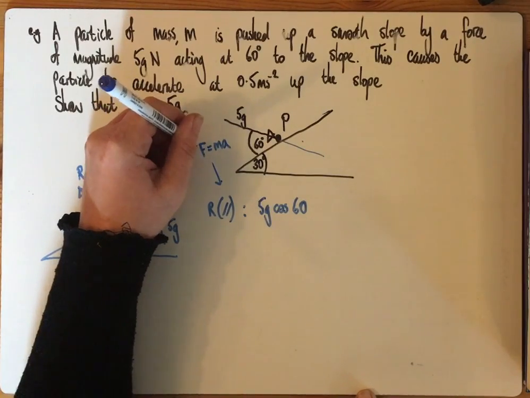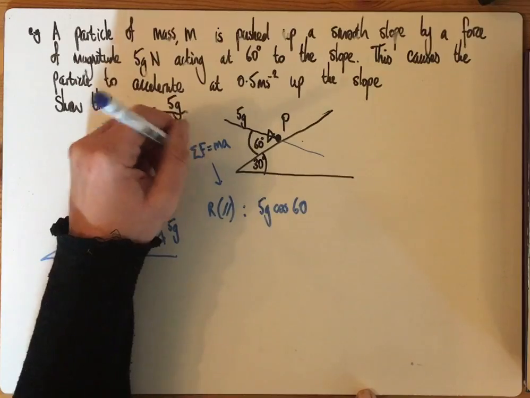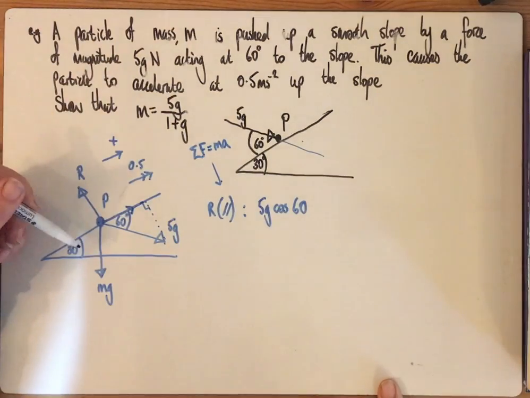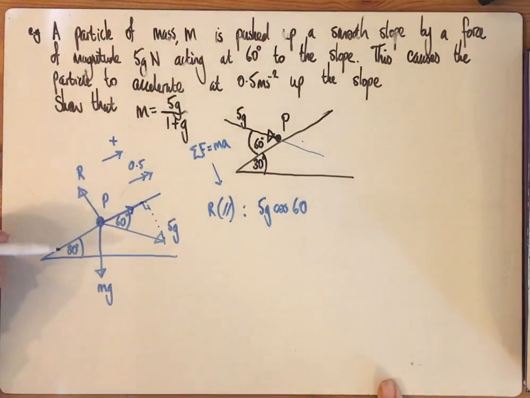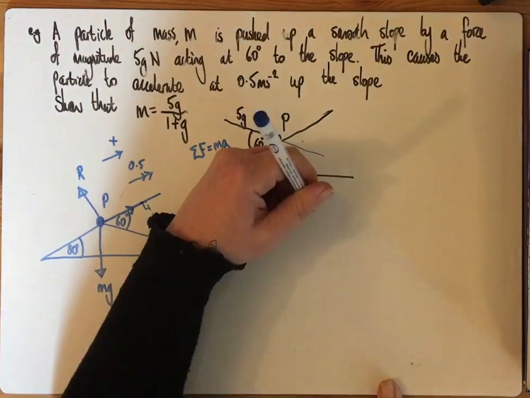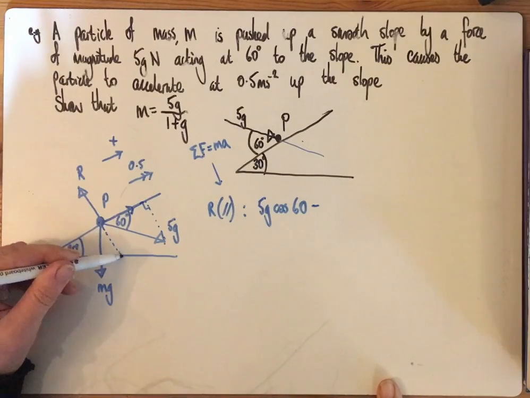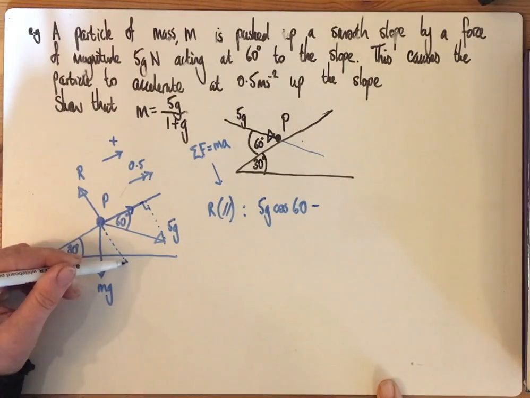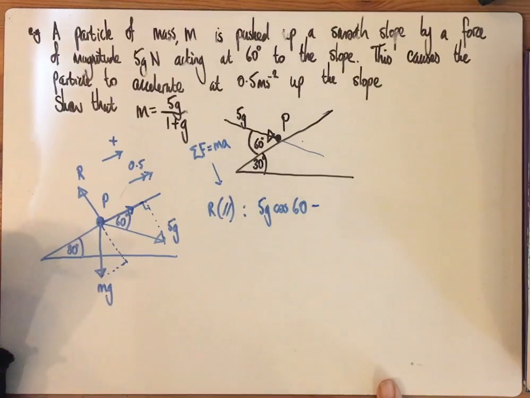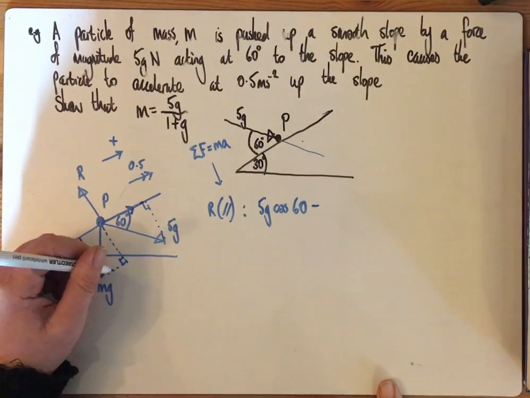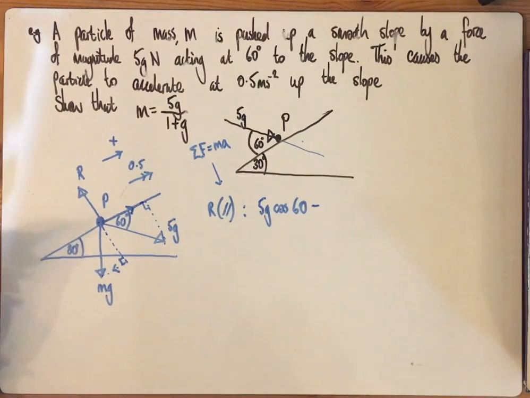And the thing to remember with F equals ma is F is a resultant force. So I need to find the resultant force in the direction of motion. So I need to take away the component of this weight force that is acting in the negative direction. So I'm adding a negative basically.